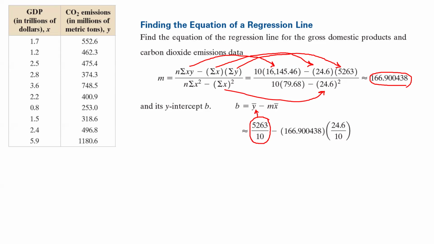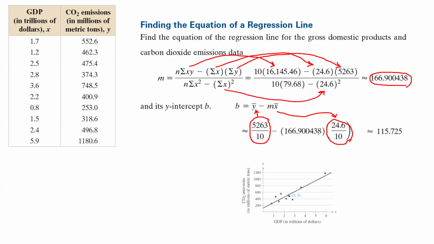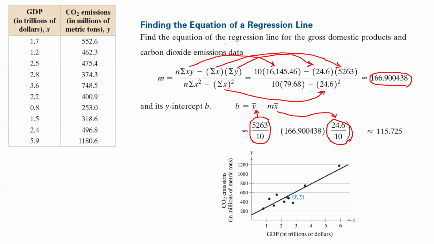And your x bar, which is the average of x values, is 24.6 divided by 10. When you do the calculation, you have your m coming from previous calculations. So you just write it here. It is about 115.725. This is the graph of your regression line.